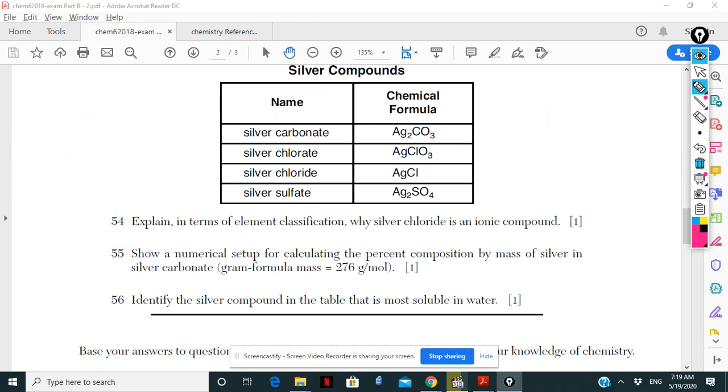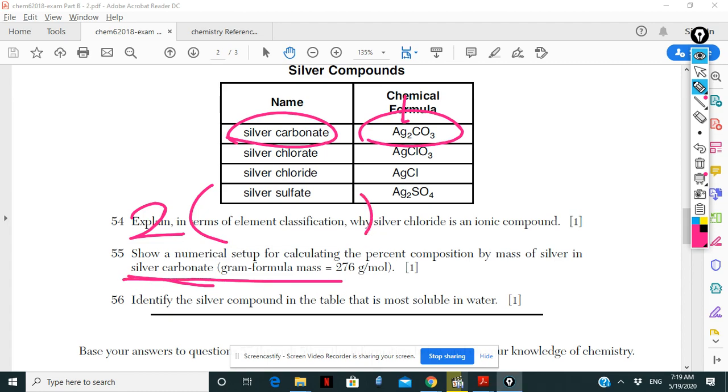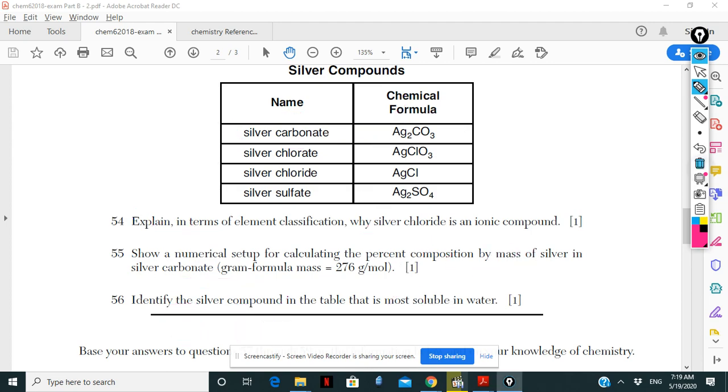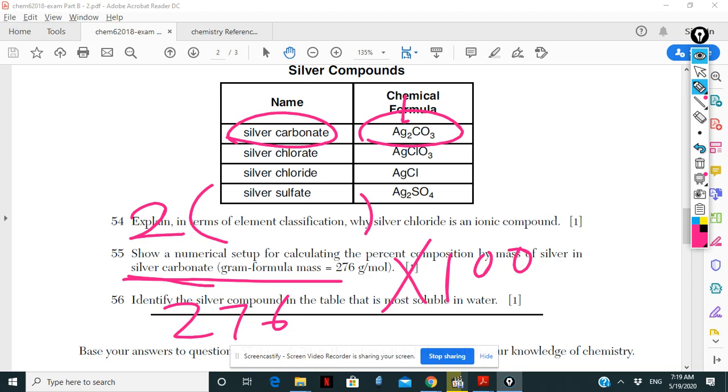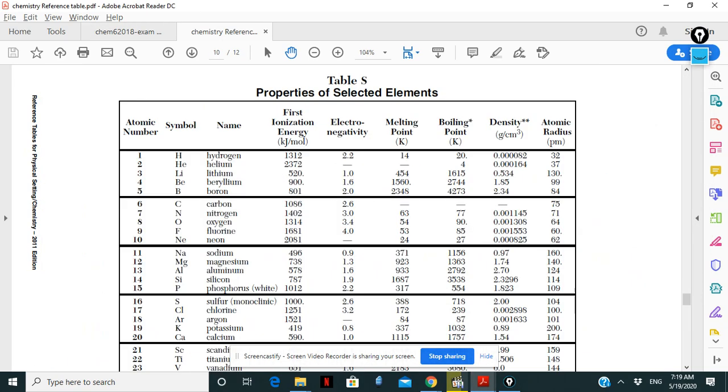Now, show a numerical setup for calculating the percent composition by mass of silver in silver carbonate. Here I have 2 times the silver, and the total mass of the formula is 276, multiplied by 100. The missing piece is the atomic mass for silver, which exists in the periodic table on the reference sheet.